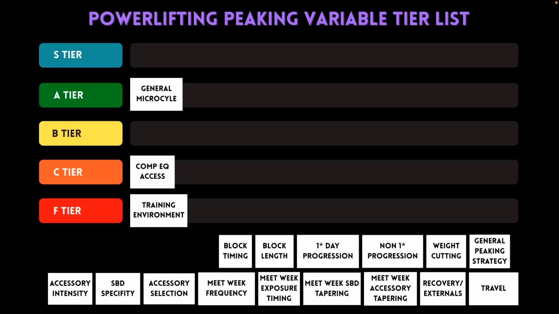If you mess up block timing to a real extent, there's probably not a ton you can do to salvage that person's prep, aside from really interfering with the programming and trying to get them to either peak early by adding in a ton of workload, or delay peaking by trying to push progressions a little bit longer.